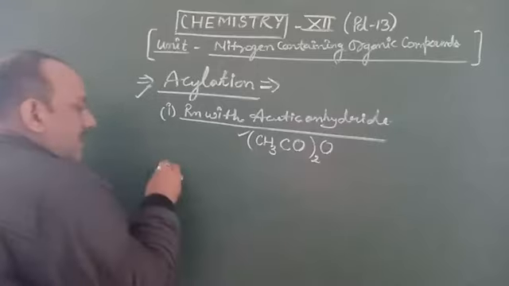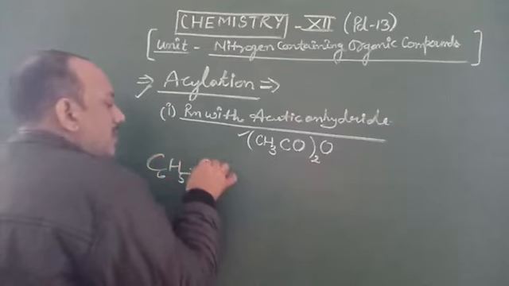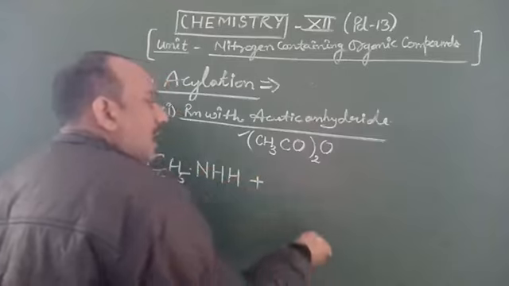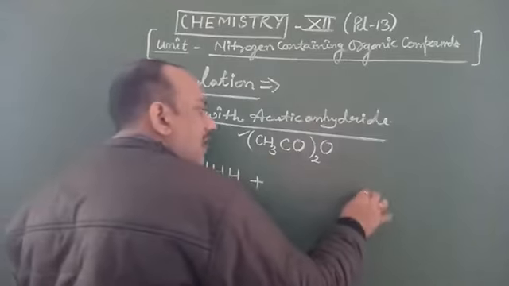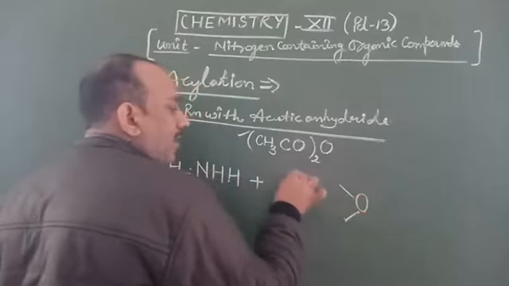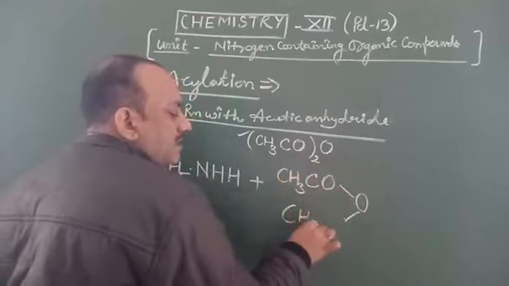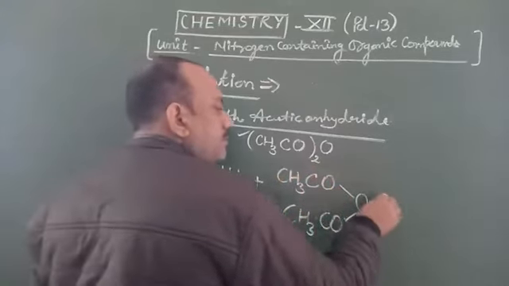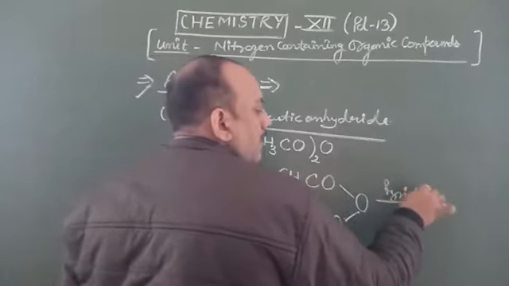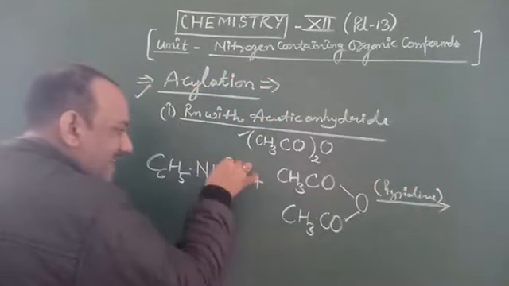Like in this chemical reaction, C6H5NH2 or C6H5NHH. Also the structural formula of acetic anhydride is CH3CO single bond O single bond CH3CO. In the presence of pyridine, it subtracts acetic acid.